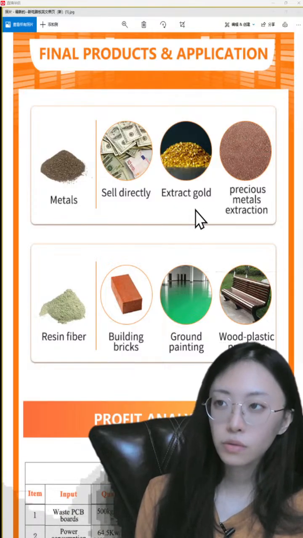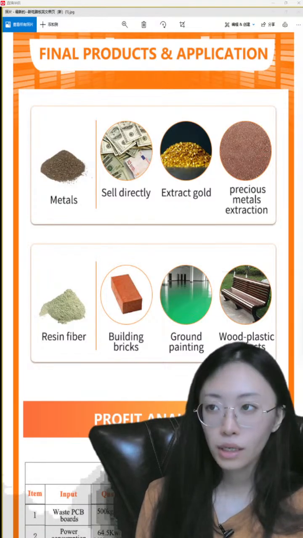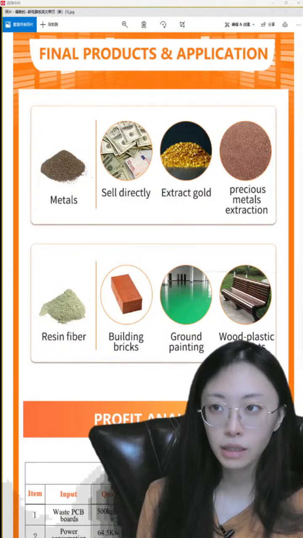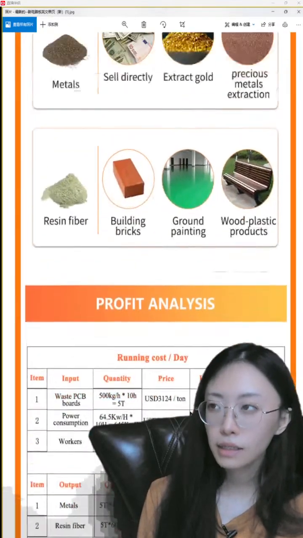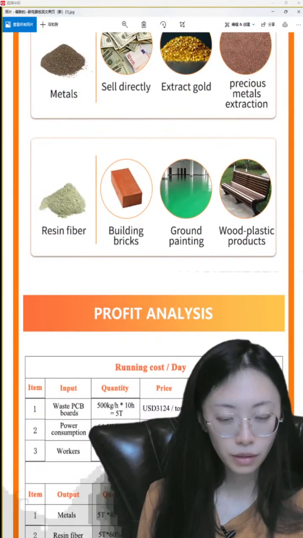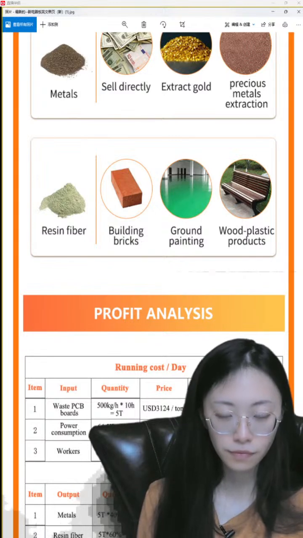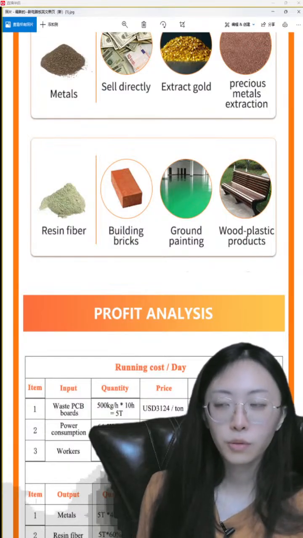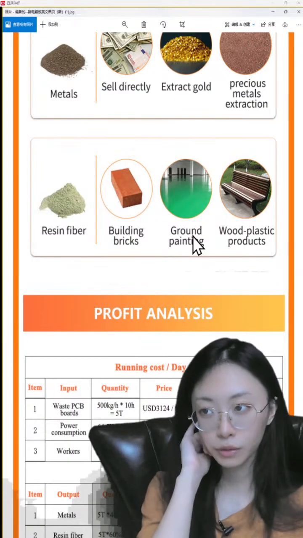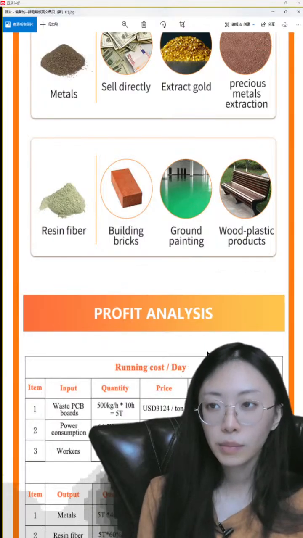Like the mixed metals, you can sell them directly, or extract the gold or other precious metals inside. And then the second is the resin fiber. The price and applications of the resin fiber depend on the mesh of the fibers. You can use it for building bricks, ground painting, or wood plastic products.